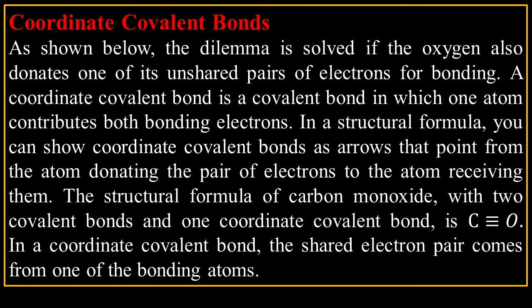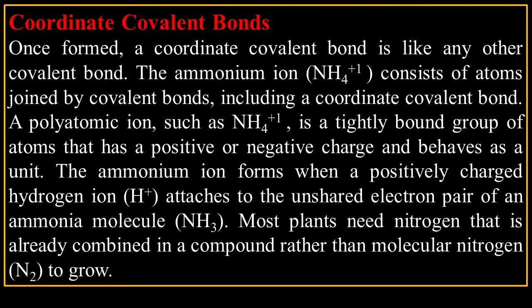The structural formula of carbon monoxide with 2 covalent bonds and 1 coordinate covalent bond is C triple bond O. In a coordinate covalent bond, the shared electron pair comes from one of the bonding atoms. Once formed, a coordinate covalent bond is like any other covalent bond.